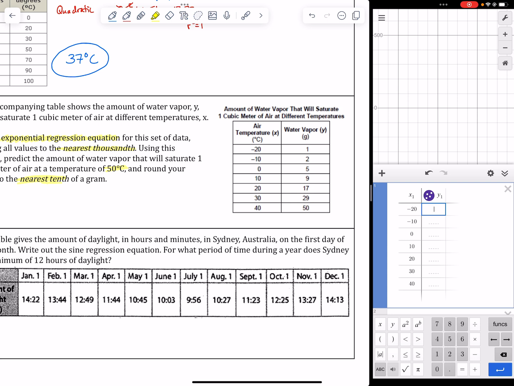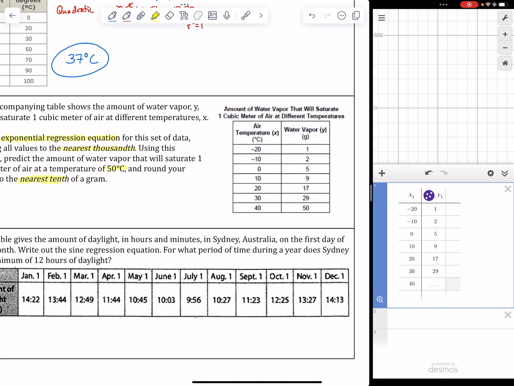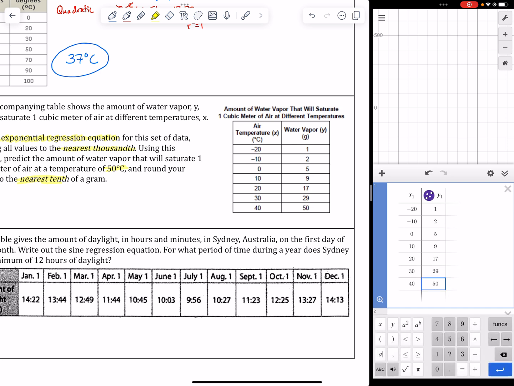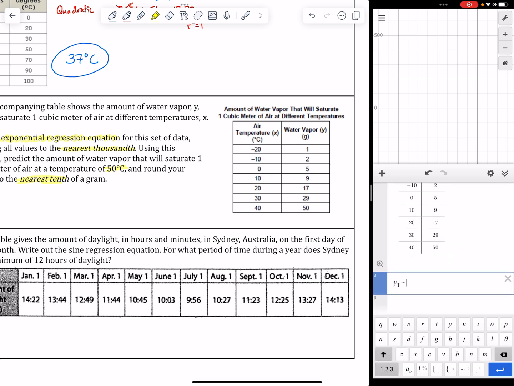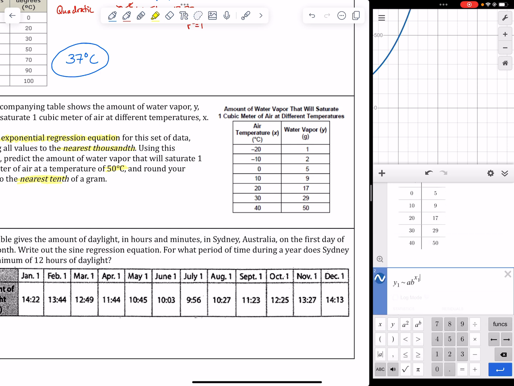And then I'm going to put 1, 2, 5, 9, 17, 29, and 50. And then I'm going to find my exponential equation. So y sub 1 is approximately a b to the power of x sub 1.